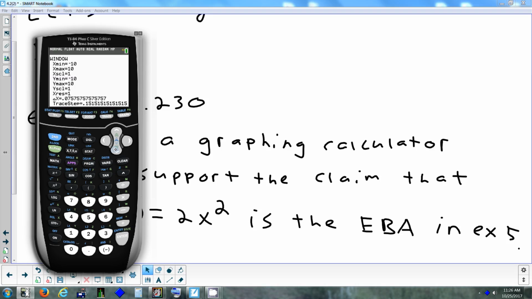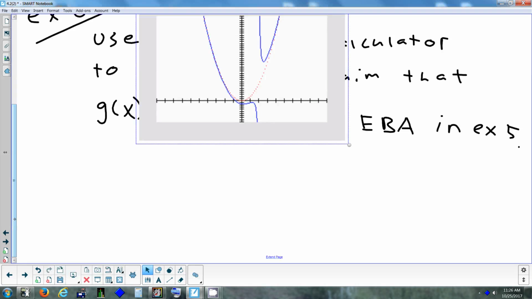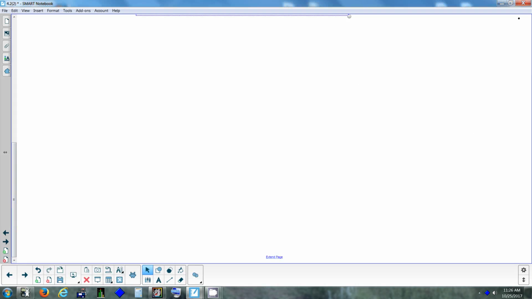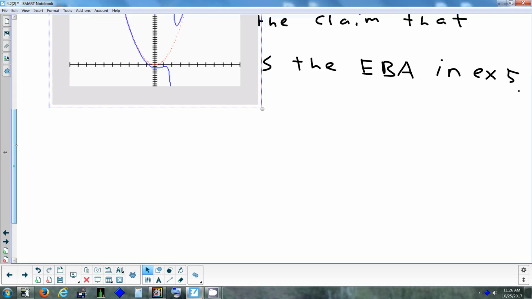So let's set the y max. Let's try about 40. And I think you'll see it a little better. All right, so let me take that. Let's bring it down and make it a little bigger.